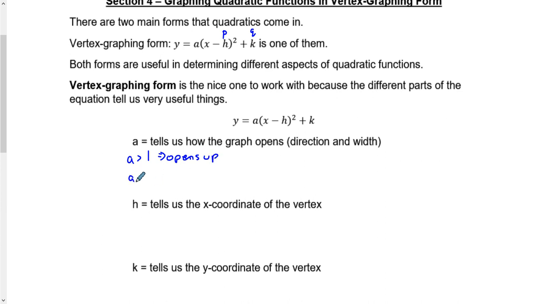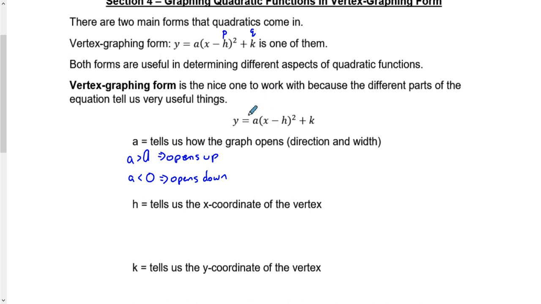But if the a value, sorry, not greater than 1, greater than 0. If it's less than 0, then it opens down.